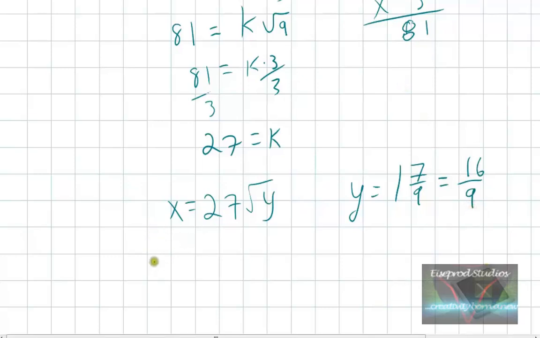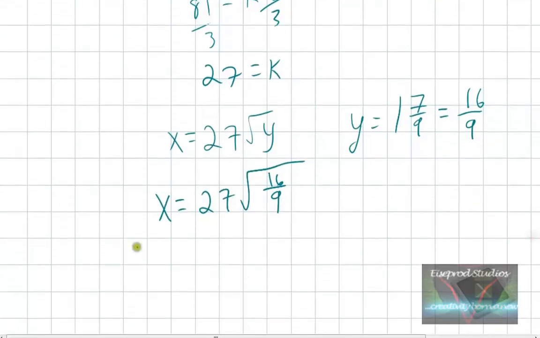So now I'm going to say x is equal to 27 times the square root of 16 over 9. Remember that when you're taking a square root and you're doing division inside of it, you can separate your values. So this will be the square root of 16 and this will be the square root of 9, as long as you're still dividing.